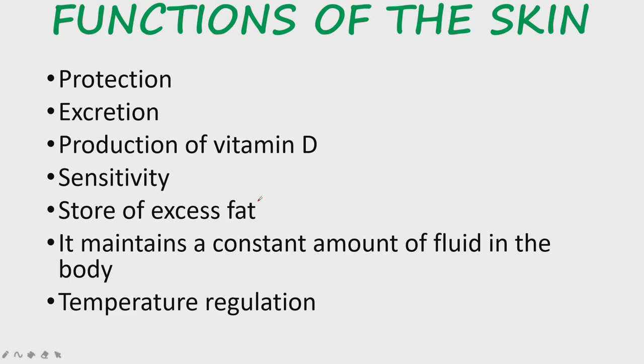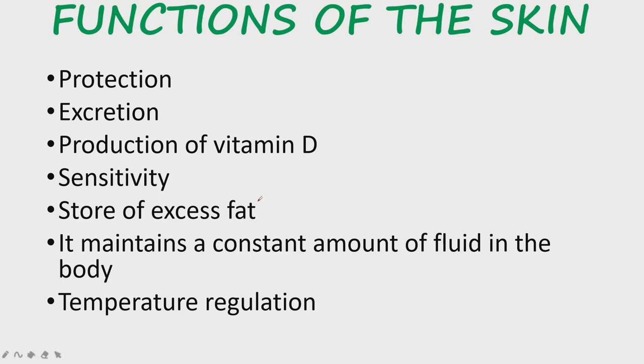Now, when the animal is cold, what happens? The second process occurs, that we call vasoconstriction. When the animal is cold, the blood vessels in the skin will constrict. They won't dilate this time. They will constrict. And the constriction of these blood vessels of the skin is what we call vasoconstriction.